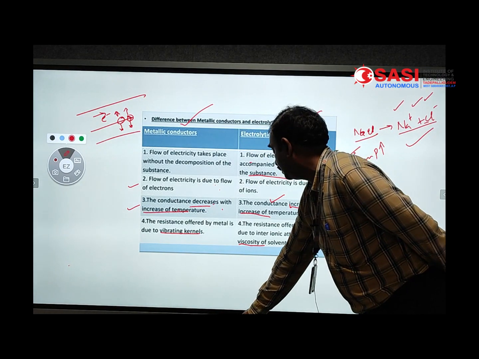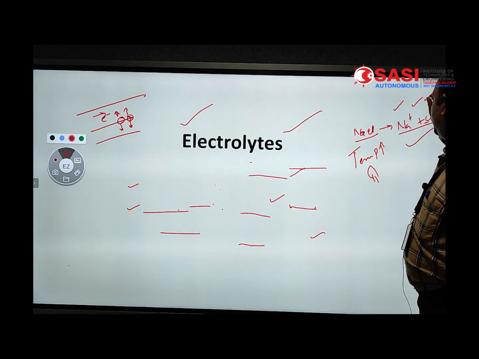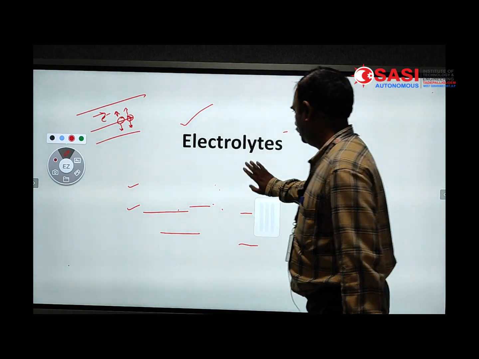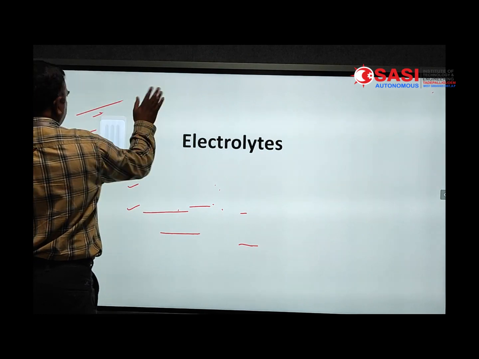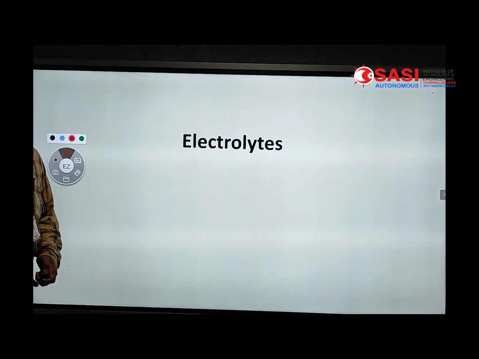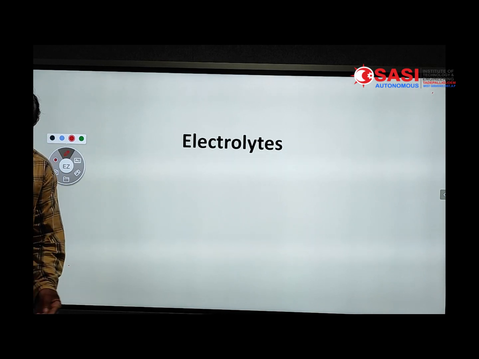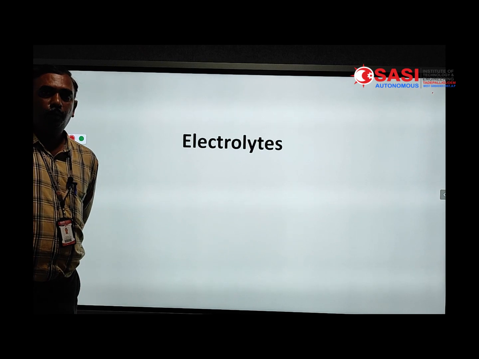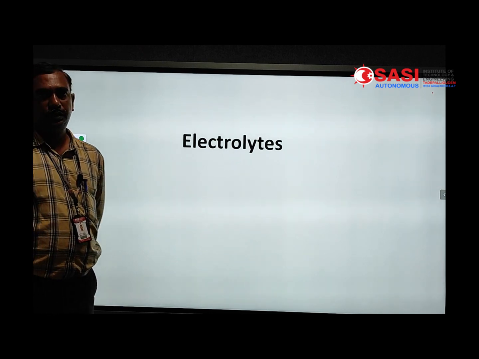Now we will go for what the electrolytes are. Electrolytes are the substances which will conduct electricity either in their solution phase or in their molten state or fused state.